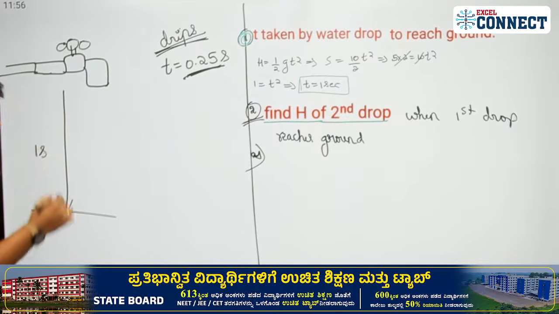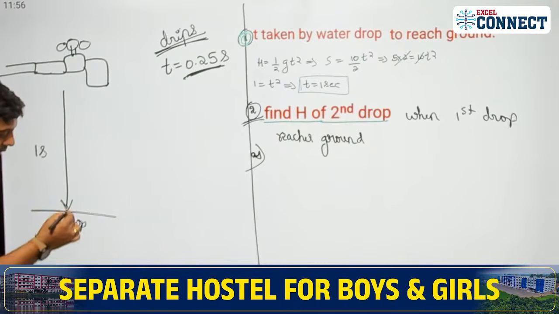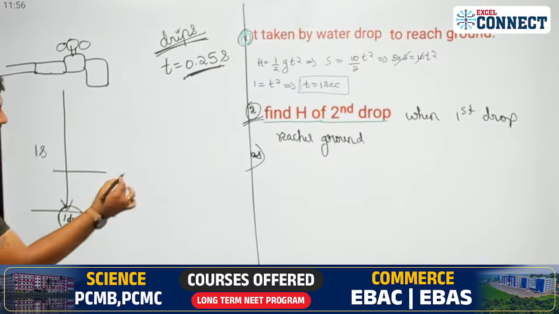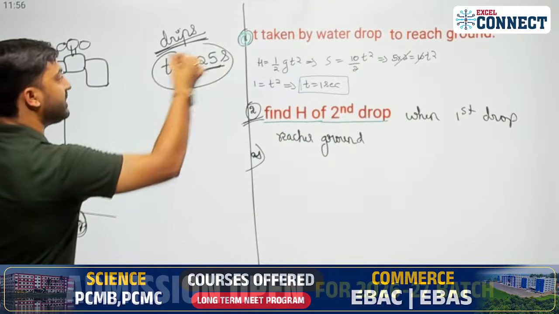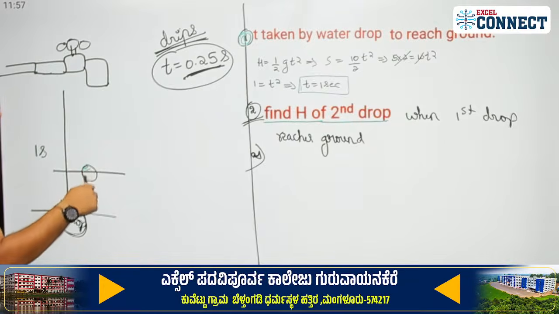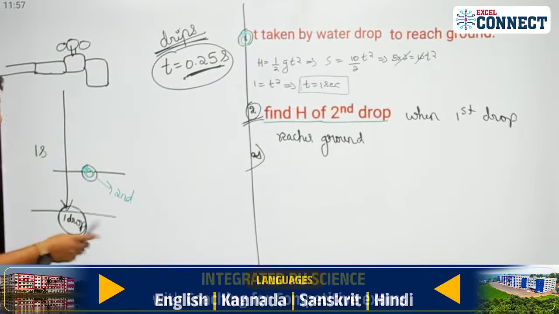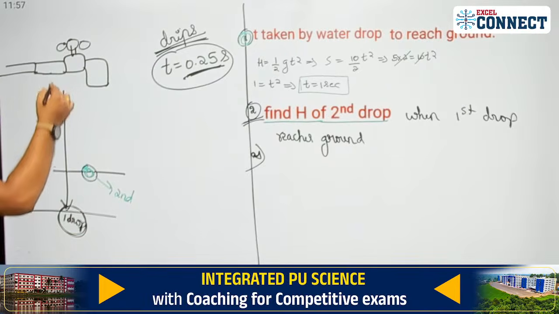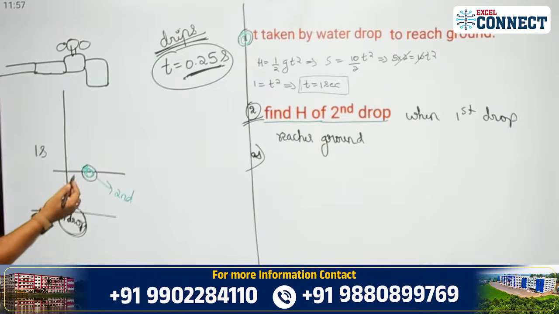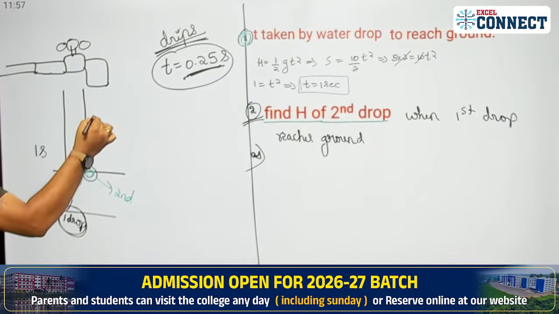Time taken is 1 second. First drop will be on ground, right? Then next drop will be 0.25 second behind. So this is the second drop. And what is the time taken by this? If total time is 1 second and gap is 0.25 second, this drop takes time 0.75 second.